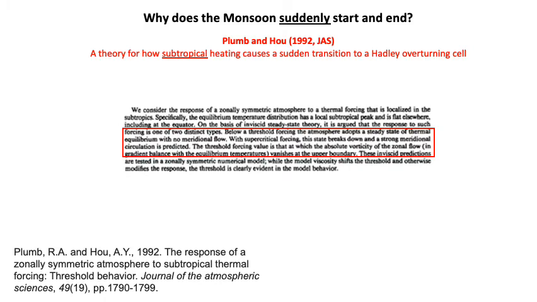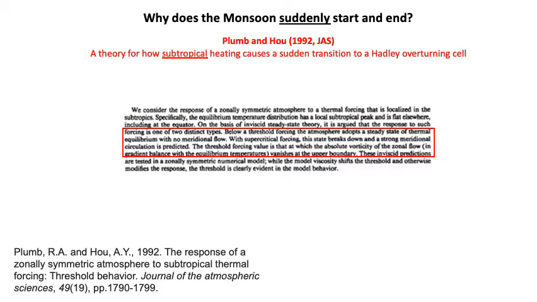And so what I'm going to do is to put up the abstract, which is nice and blurry because this is an old paper, so it's scanned in. You can read that all for yourself. I'm going to highlight a specific chunk of this text in this abstract, which is: below a threshold forcing, the atmosphere adopts a steady state of thermal equilibrium with no meridional flow.